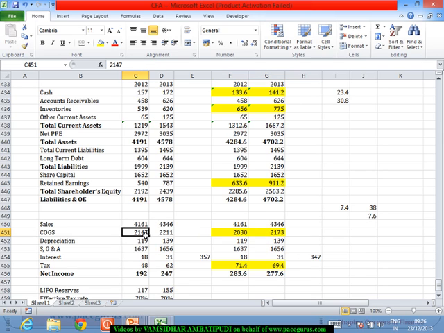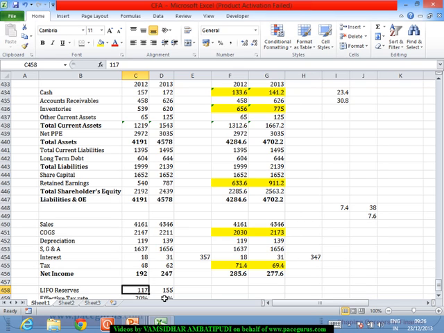So here the cost of goods sold is 2147 and LIFO reserve is 117. I am assuming that the LIFO reserve in the year before this is 0. Because of that assumption, I am decreasing the cost of goods sold for this year by the extent of 117. If the cost of goods sold is decreased by 117, obviously the profit before tax is going to increase by 117.